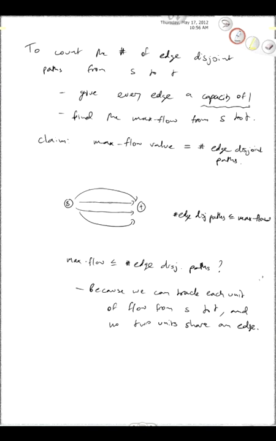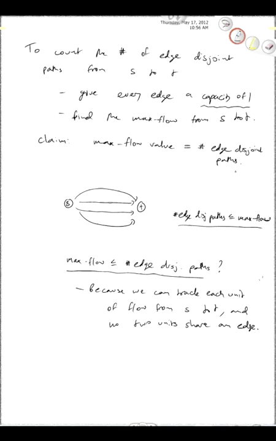So if we take a look at the max flow, we can actually pull out as many edge disjoint paths from that max flow as whatever the max flow value is. These two things combined tell us that the max flow value is exactly equal to the number of edge disjoint paths. So now if somebody gave me a network and said, I'm going to define the reliability of the network as the number of edge disjoint paths between S and T, we can just count that using max flow.